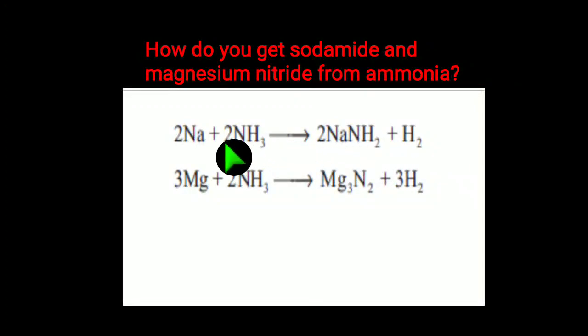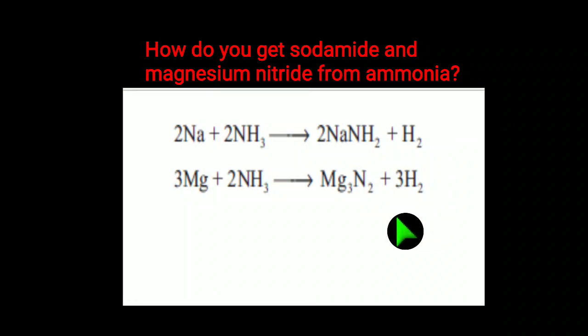When ammonia reacts with sodium metal, it gives sodamide with hydrogen gas. Okay, here we can find the equation, whether it is balanced. Left side sodium 2, right side also sodium 2, nitrogen here 2, here also 2, hydrogen 6, here also 6.